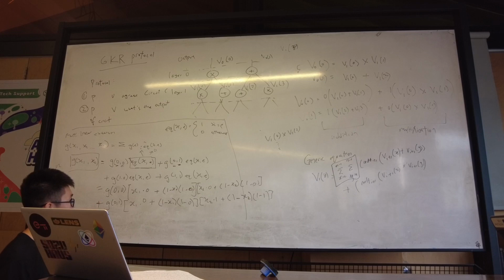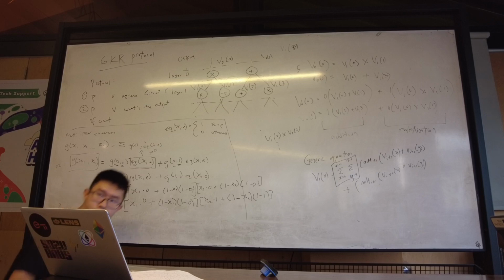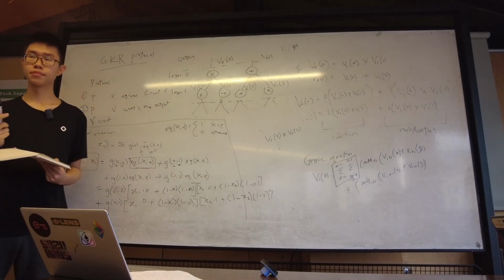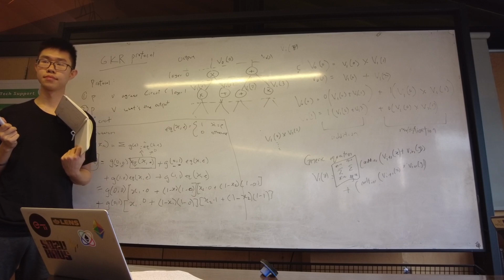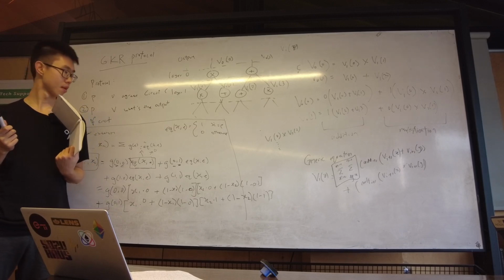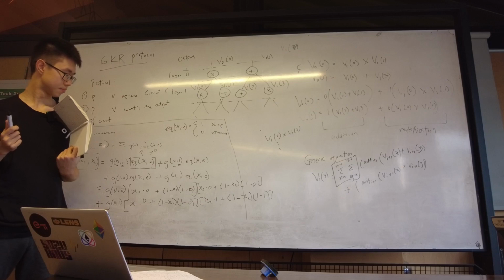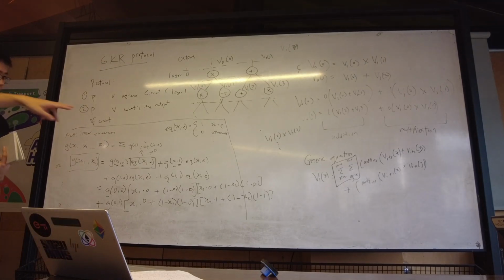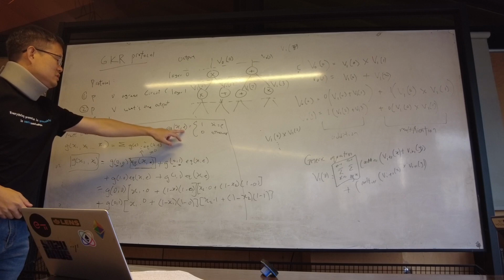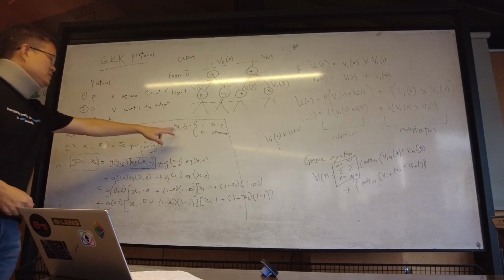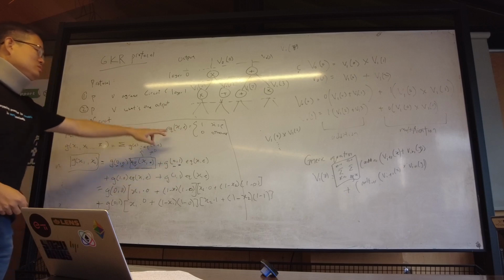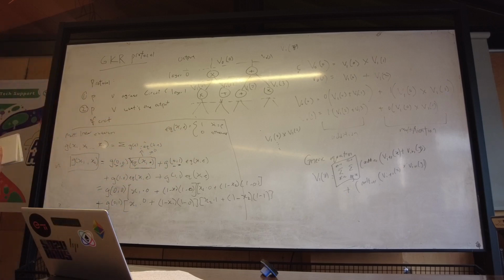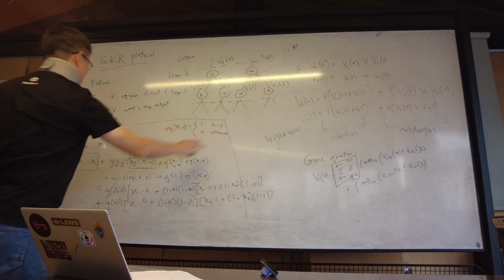I think there's something missing. We have to ensure that x and e are both bits, not elements from the field. Imagine that x equals 1 and e equals 2. With that definition, you cannot say it equals 0 otherwise.